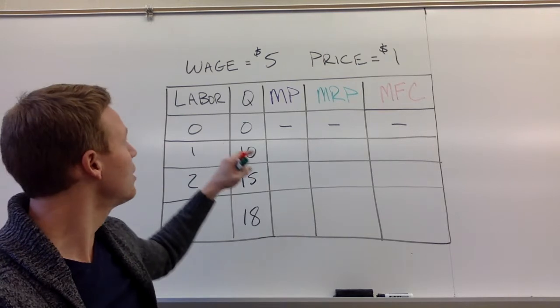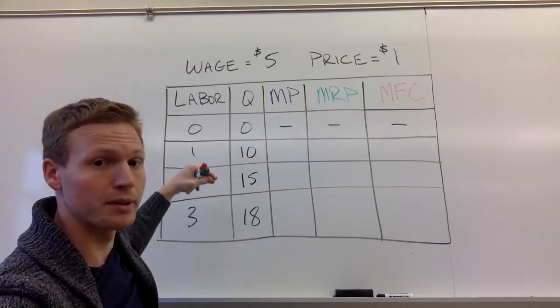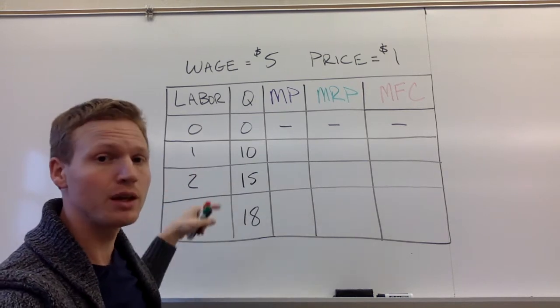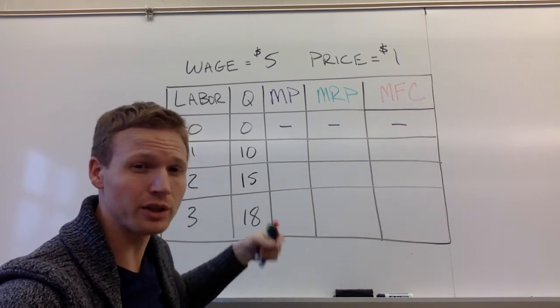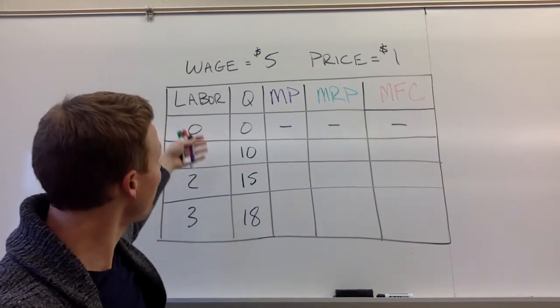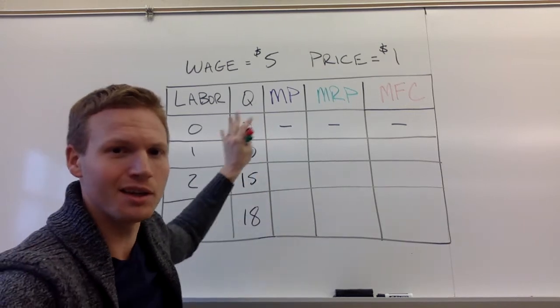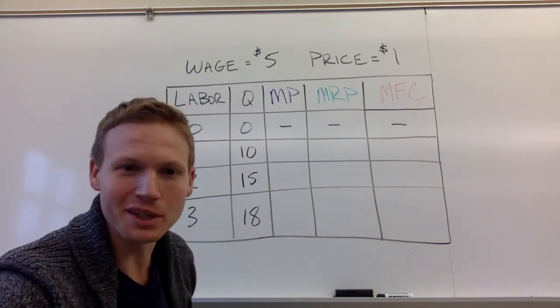Here's what we got. There are a number of laborers being hired in the market. Okay, we've got 0, 1, 2, 3. As we hire each unit of labor, they cost us a certain amount, right? So the going wage is $5 in this particular market. And that could be per hour, whatever. You don't really need to worry about that.